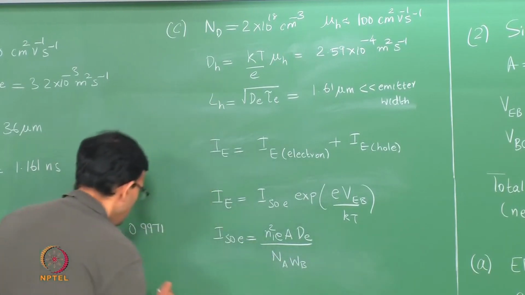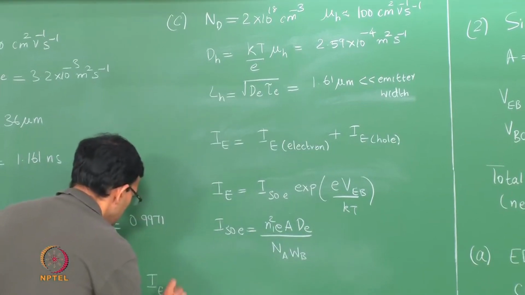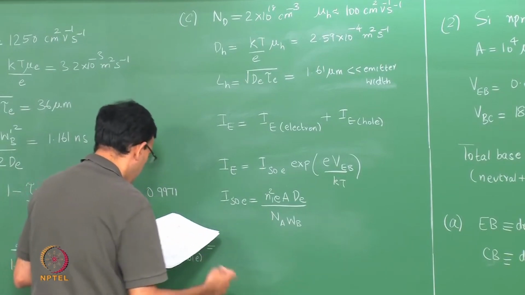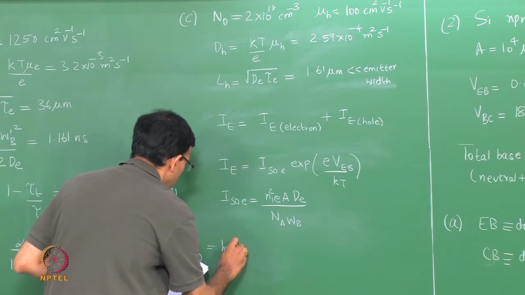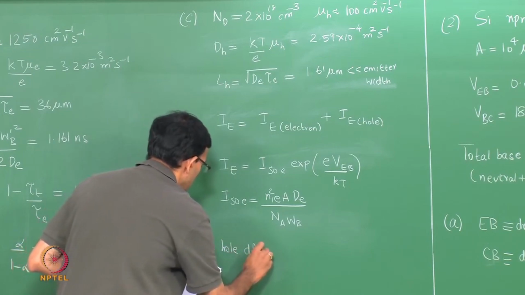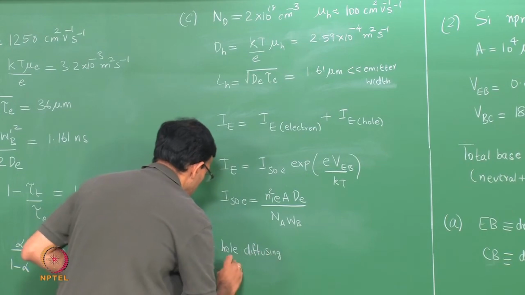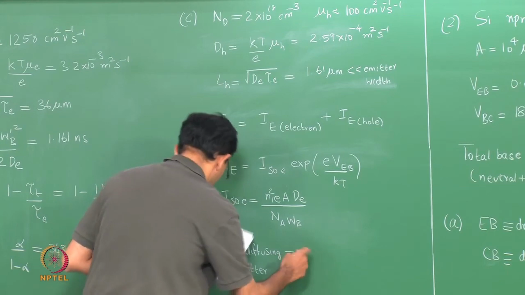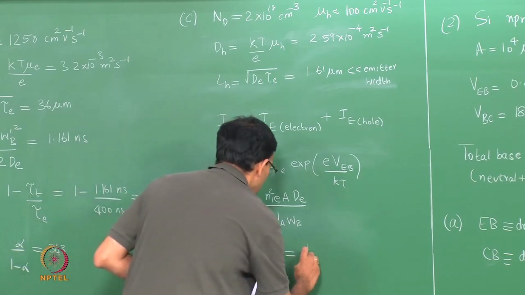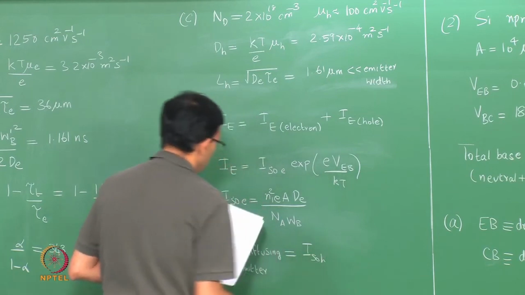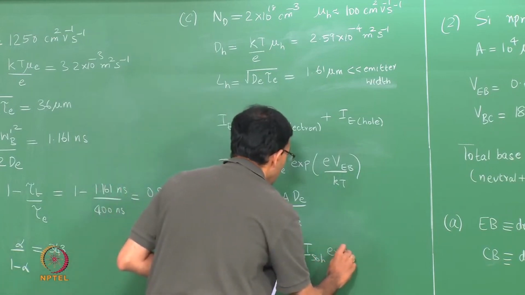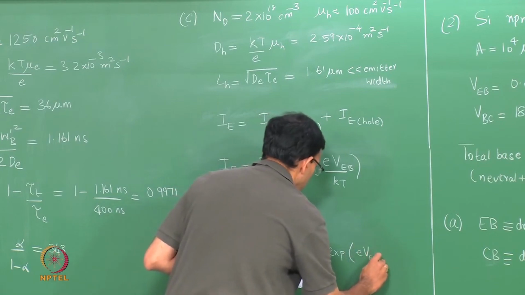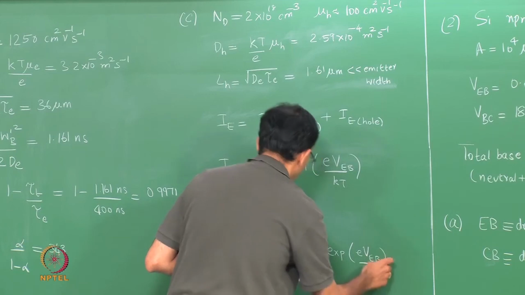So, the hole component is basically the holes that are diffusing into the emitter. So, we can write a similar expression, I S naught h exponential E VEB over kT.